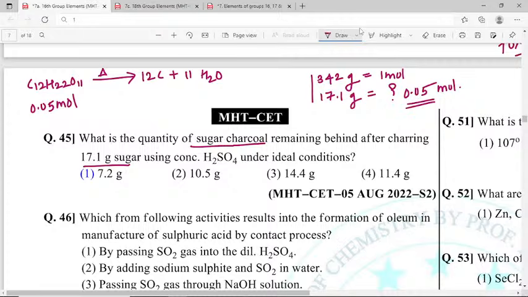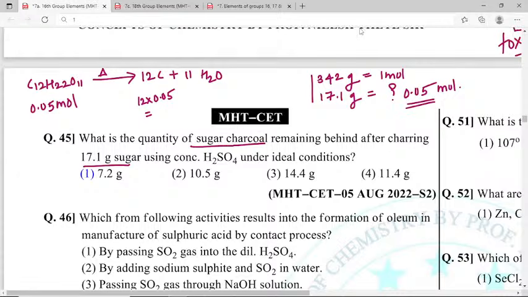So 1 mole of sugar gives 12 mole of carbon. So how much here? This is 12 multiplied by 0.05. What is the number that came here? 12 into 0.05.